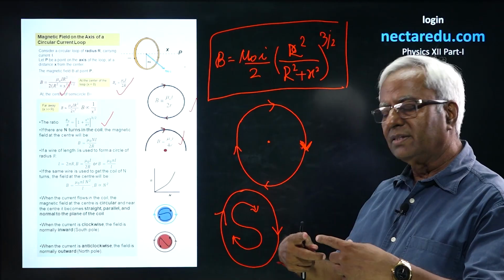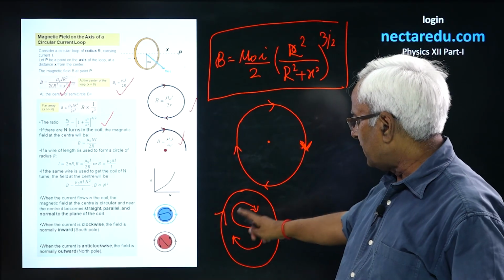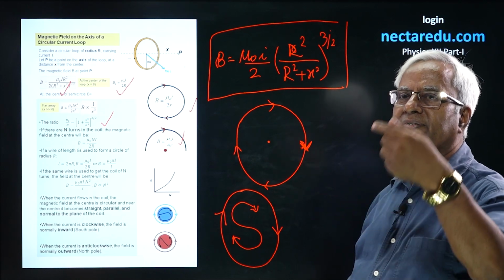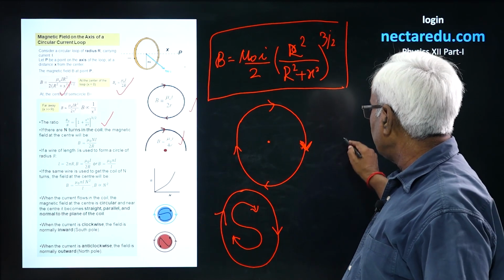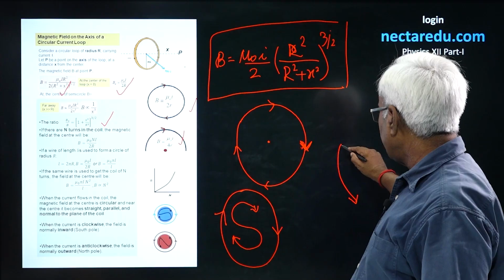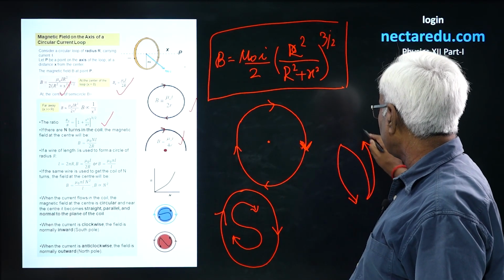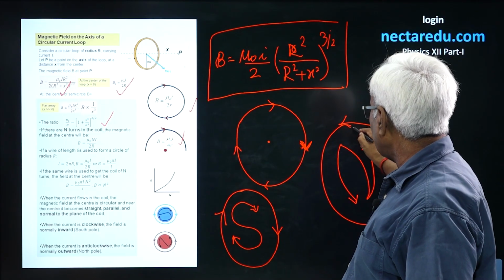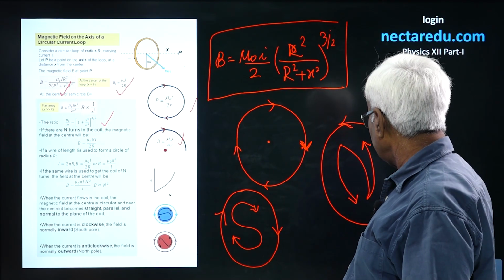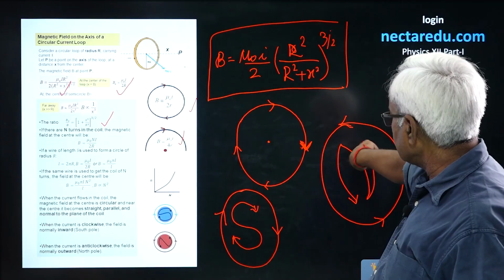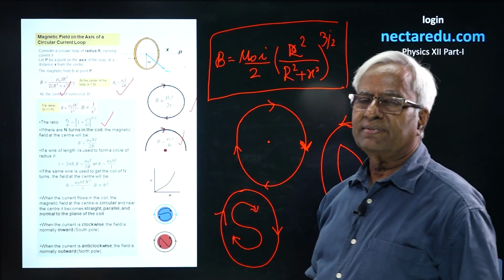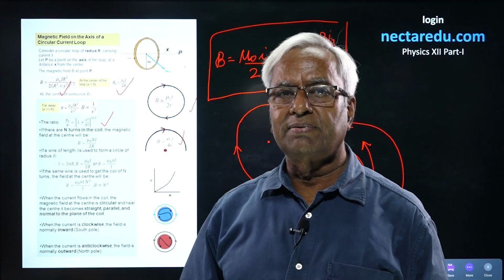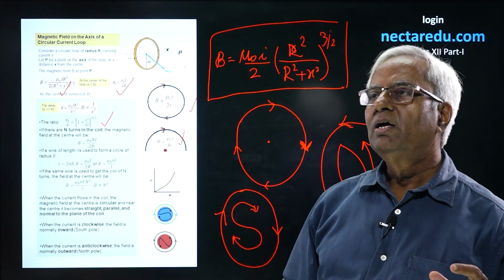So, let us join the two things. If the current appears clockwise from a particular direction, you consider that the south pole. Likewise, if you write this letter N, that is the first letter of north, in an artistic manner, you will find that anti-clockwise, the side from which the current appears anti-clockwise will behave as a north pole.